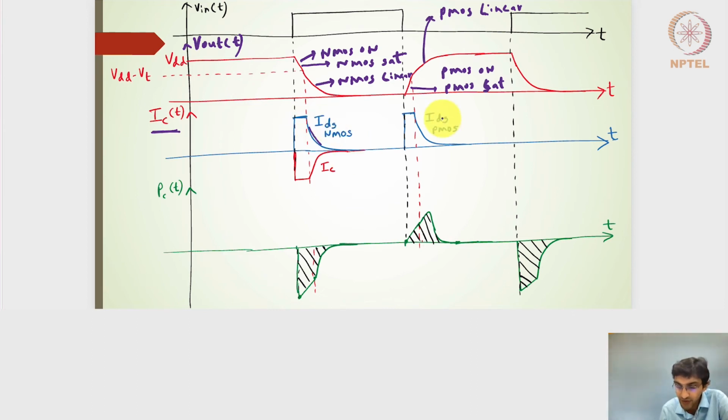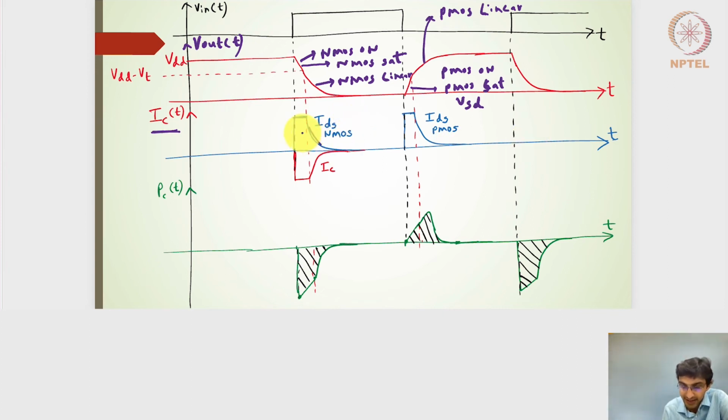And if I want to find out the PMOS current, the IDS of the PMOS, again, during the output voltage being linear here, the PMOS is in saturation, so the current will be constant. And while the output voltage is exponentially increasing, that means that the VSD value for the PMOS is decreasing, and thereby the current will be decreasing and eventually reaches 0.